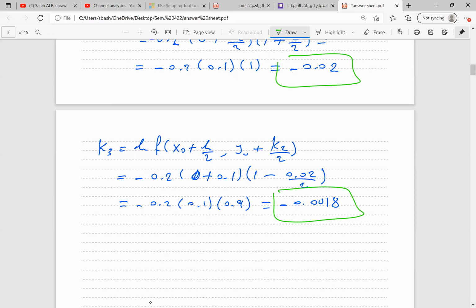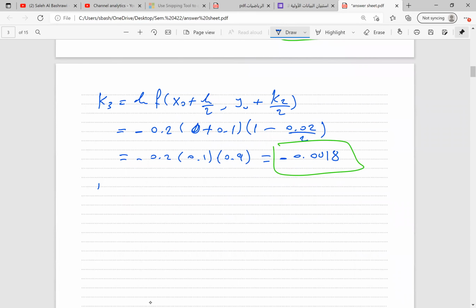Next one, we need to find k4. k4 is equal to h multiplied by f of x sub 0 plus h this time, and y0 plus k3.